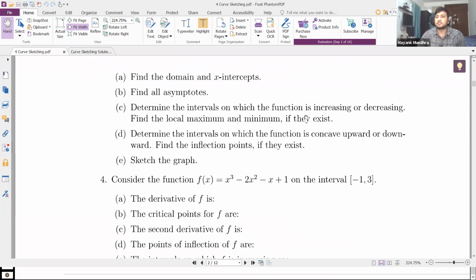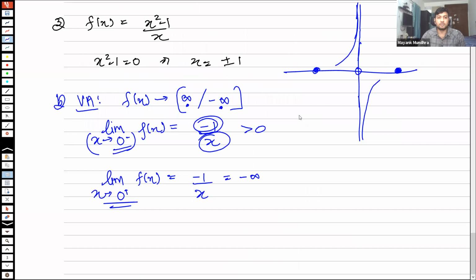Determine all intervals in which the function is increasing or decreasing. All asymptotes may also include horizontal asymptotes. Horizontal asymptotes are found when x tends to positive infinity. So what is the limit as x tends to positive infinity of f of x? What happens when x goes to positive infinity? What does this thing become?